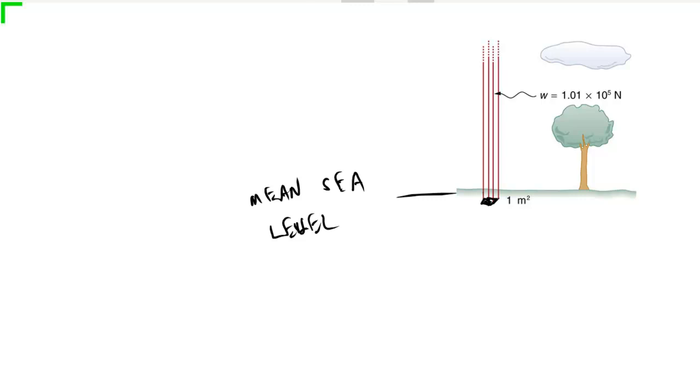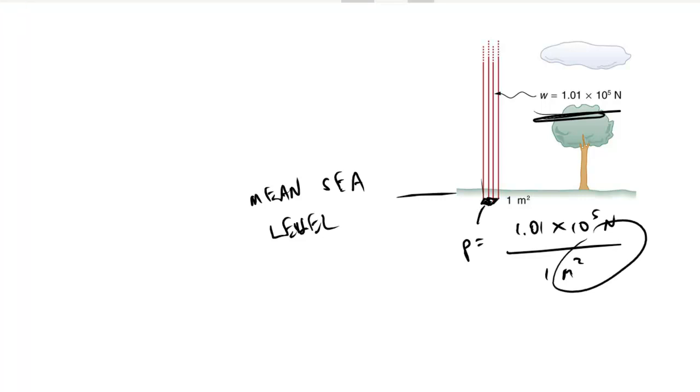Then the weight of all the air above us in this column, in that 1 square meter, is 1.01 times 10 to the 5th newtons. So the pressure acting right here would be equal to 1.01 times 10 to the 5th newtons per every square meter. But this newton per square meter is what we just defined to be a pascal. So this is 1.01 times 10 to the 5th pascals.